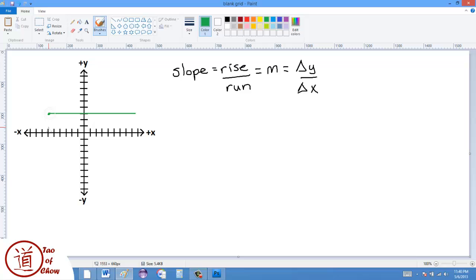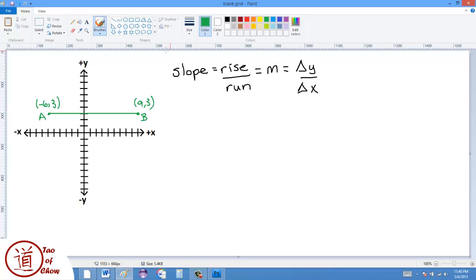So let's say this is 1, 2, 3, 4, 5, 6, so -6 and 3. We'll call that point A. And then we'll say point B is 1, 2, 3, 4, 5, 6, 7, 8, 9. So this is 9 and 3, and this is point B.